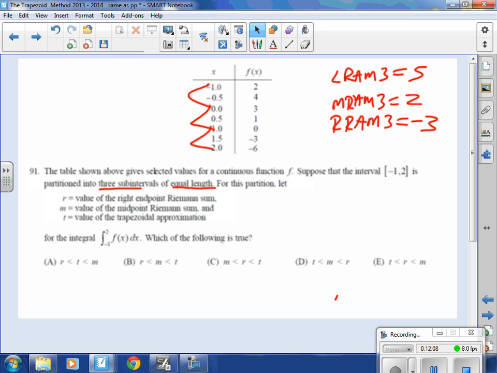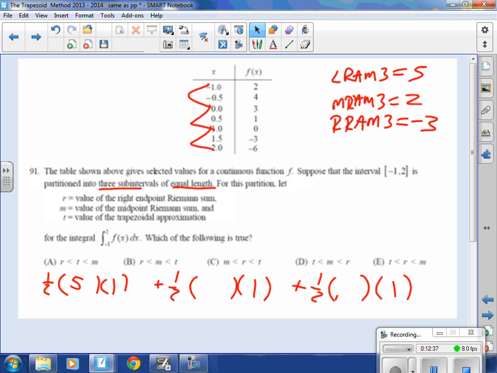And finally, the trapezoids. 1/2, we got a bunch of parentheses to fill in. What's the height of each trapezoid? 1. What are the bases of trapezoid 1? 2 and 3. So that's going to give me a 5 here.